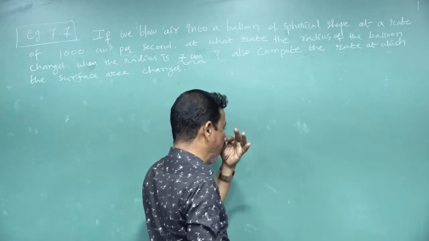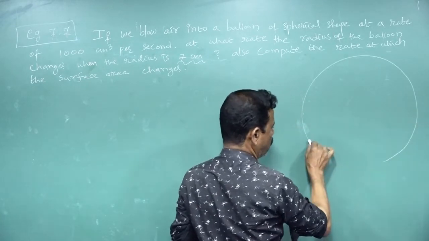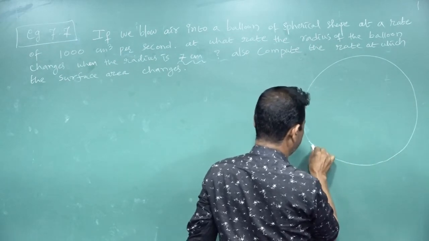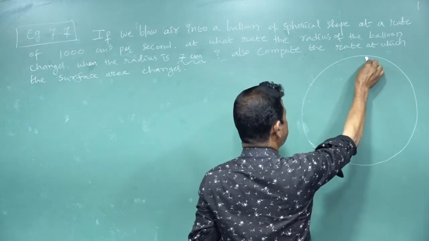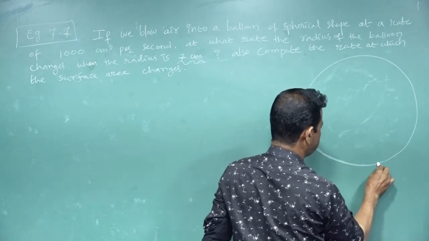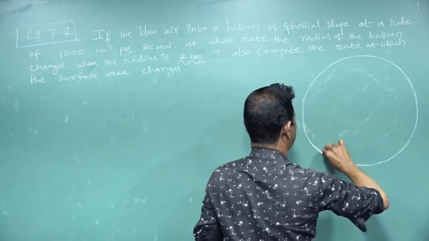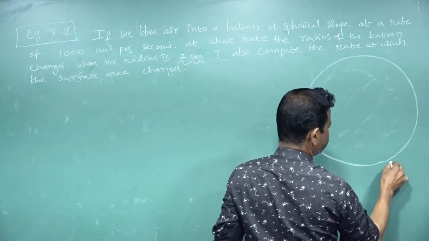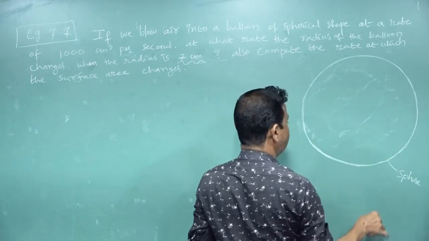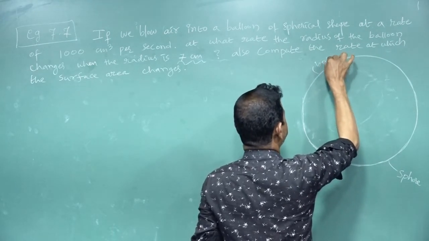So actually the balloon shape is like this, a circle shape. This is a circle, but this is a sphere, like a sphere. This is called a sphere. What type of sphere? Balloon.